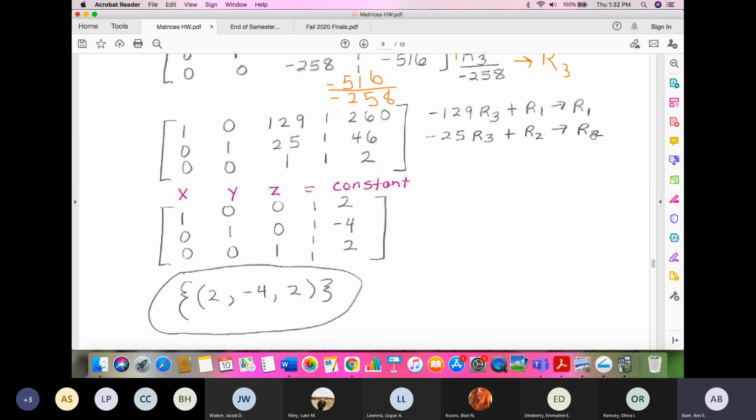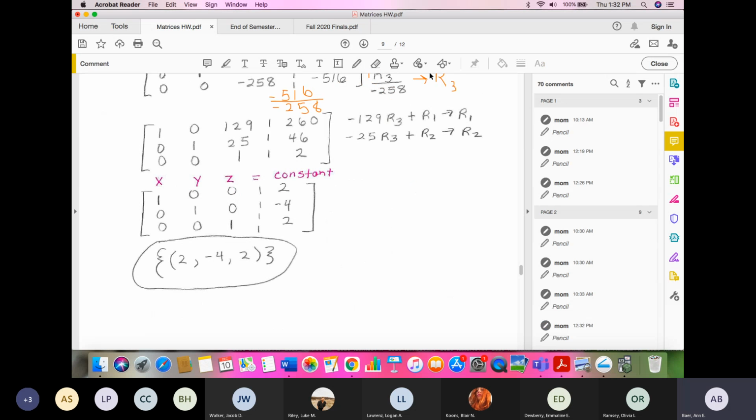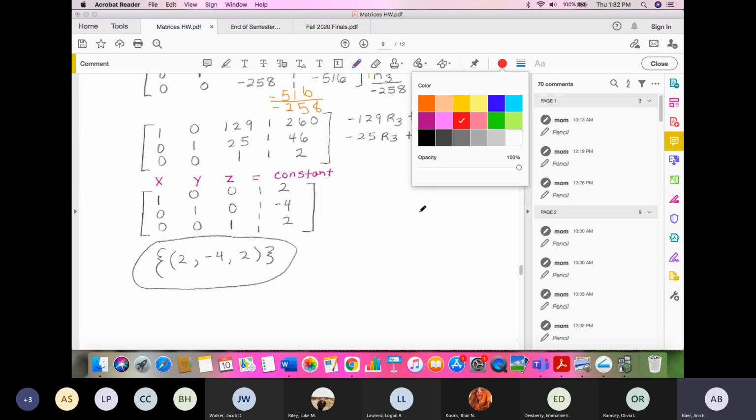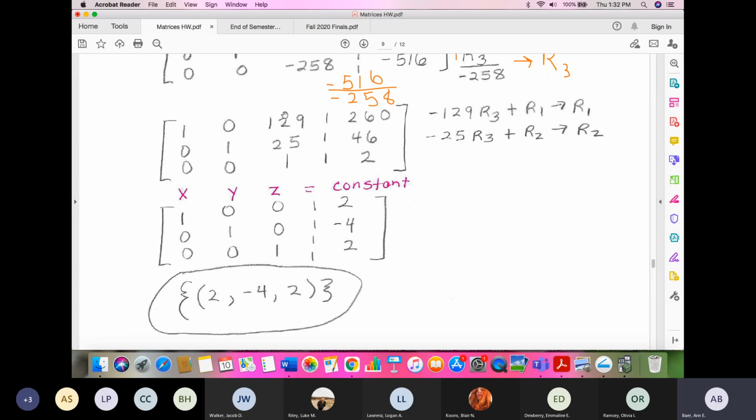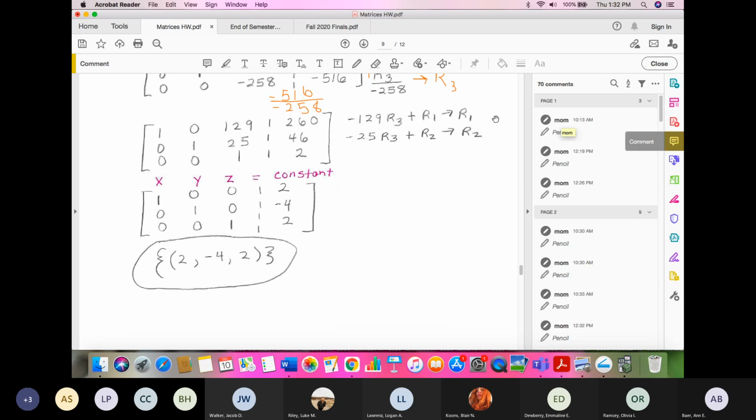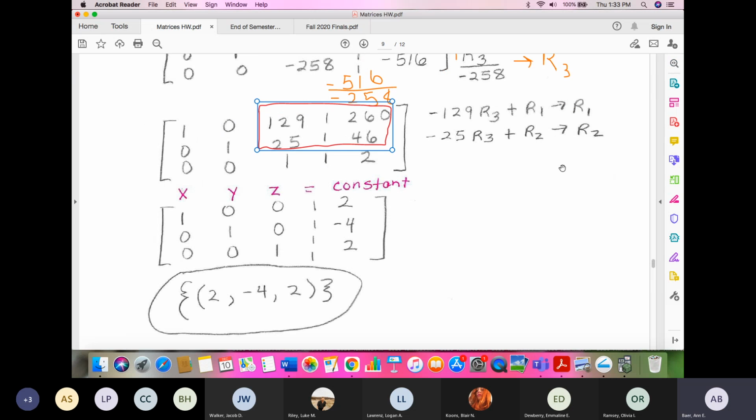So the only numbers that we really need to be concerned with at this point, let me get a different color so it doesn't get so congested, and I will explain this in more detail in a moment, are these guys right here. Those are the only ones we need to be concerned with.